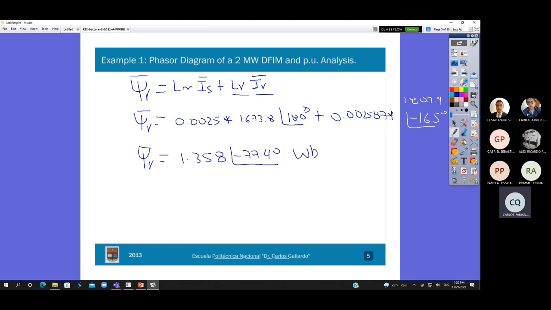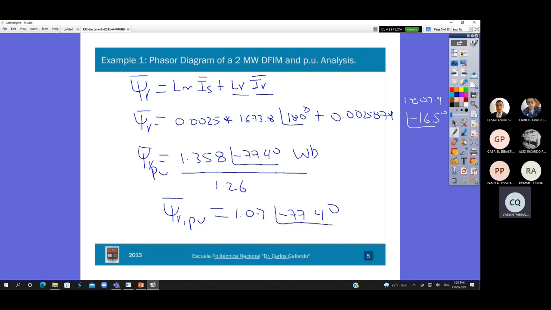In order to compute the per unit value, by definition, it is the actual value over the base, and our base is 1.26. So the rotor flux in per unit values is 1.07 with negative 77.4 degrees.